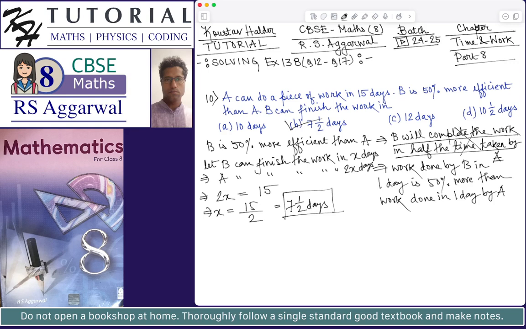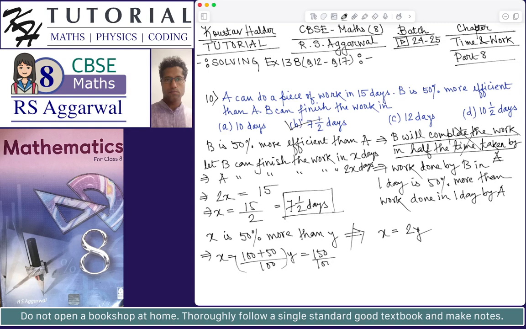If X and Y are some quantities, and it is given that X is 50% more than Y, this does not imply that X is twice Y. X is 50% more than Y implies that X is (100 plus 50) divided by 100 multiplied by Y. This is 150 by 100 of Y, which is actually 3 by 2 Y, that is 1.5 times Y.